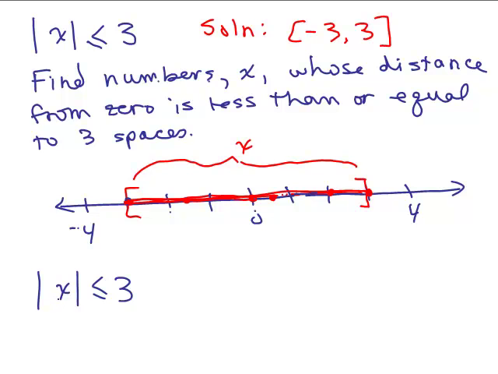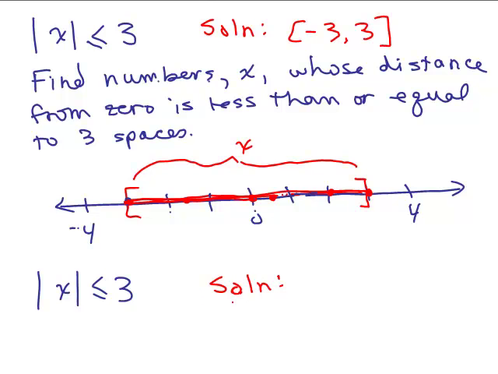You could put any number from 0 all the way up to 3, right? And you could also put in some negative numbers, but you can't go below -3. For instance, if you put in -3.5 for x, once you take the absolute value, you'd have 3.5, which is not less than 3. So you get exactly the same solution, reasoning through it.